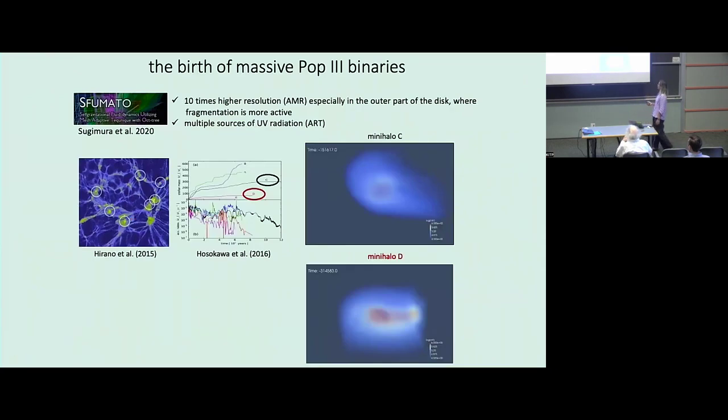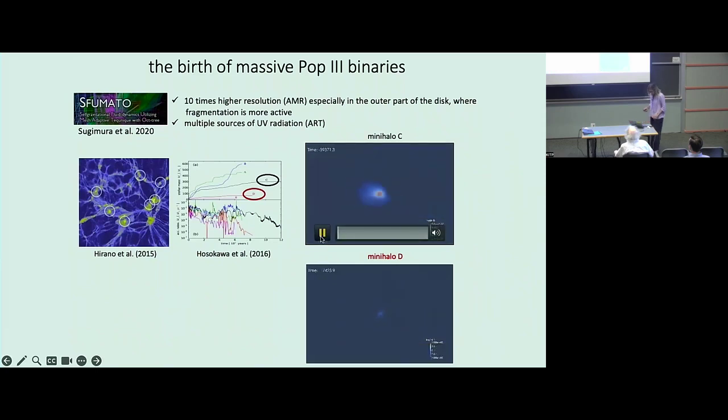So finally, I just want to show you this nice movie from a simulation by Sugimura and collaborators, where they try to follow this disk fragmentation, including the effect not only of UV feedback from the primary star, but also from secondary stars that are forming.